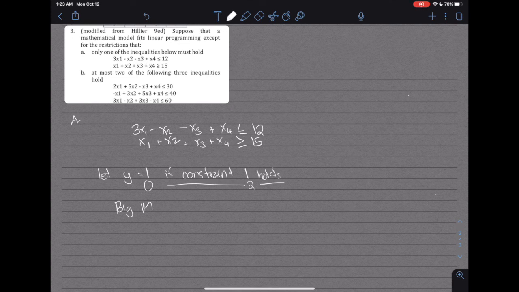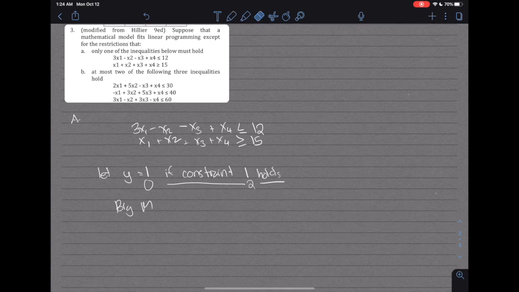We're going to use the big M to force a constraint into a redundant constraint if that constraint, quote unquote, does not hold. We do this by adding M to the side that is of greater value. So on the first constraint, we add an M.